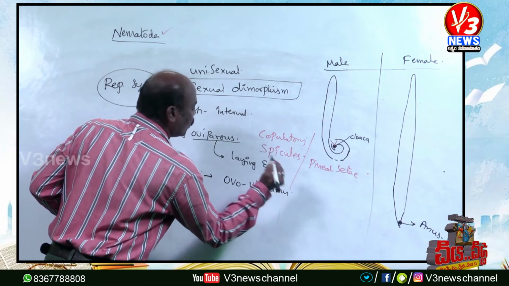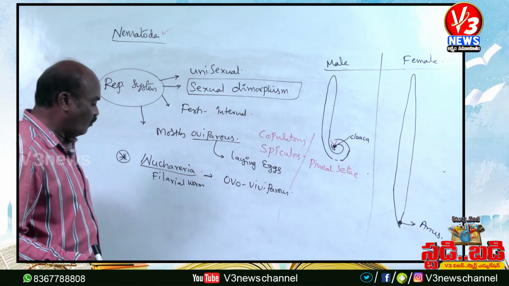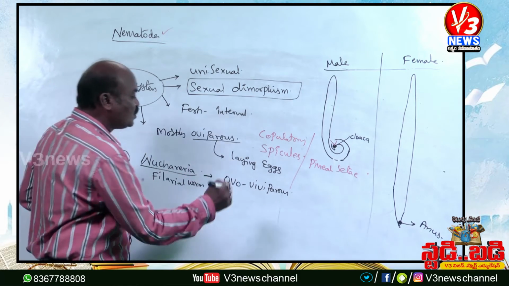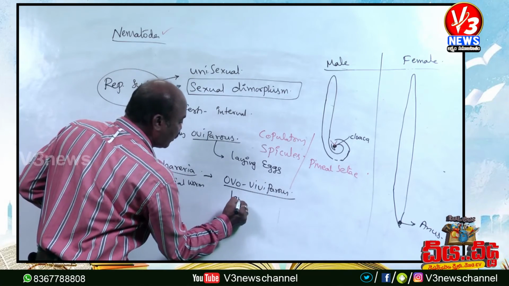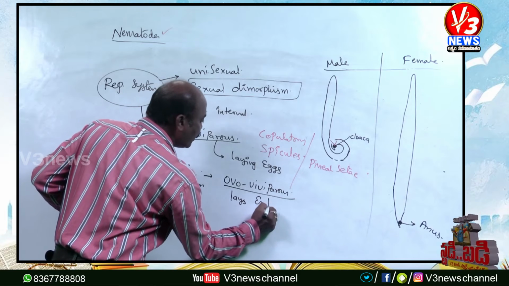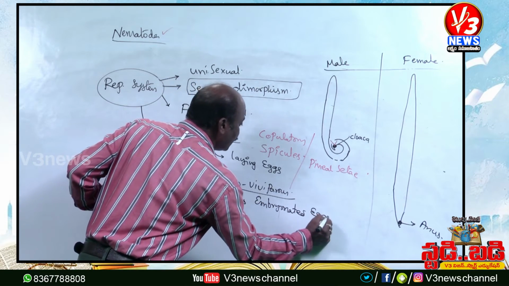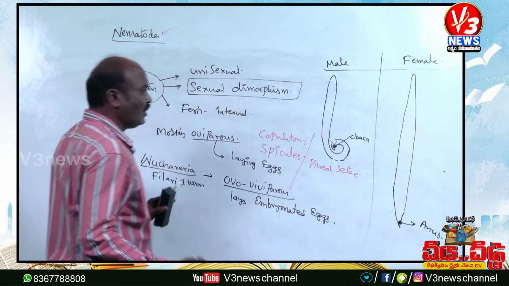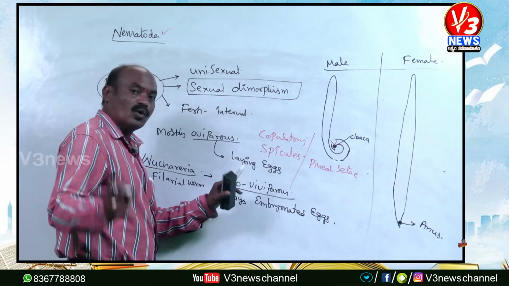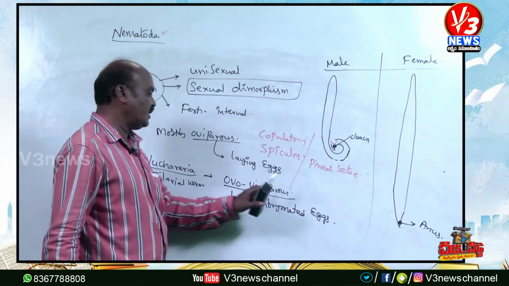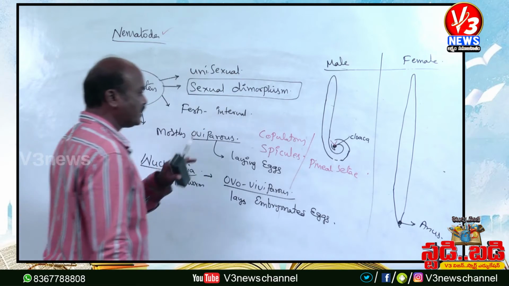Wuchereria, or filarial worm, is an ovoviviparous nematode. What is meant by ovoviviparity? They lay embryonated eggs. That's why Wuchereria is the only nematode that is an ovoviviparous animal.